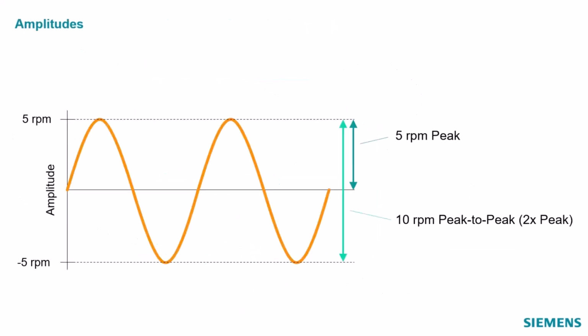And we had 5 RPM plus, 5 RPM fluctuation minus, 5 RPM fluctuation. And we were cutting an order or whatever, trying to describe the fluctuation in RPM. One way we could do that is to say that's plus or minus 5 RPM. And a lot of times people call that plus or minus 5 RPM peak. But the total RPM excursion here is 10. So 10 RPM peak to peak.